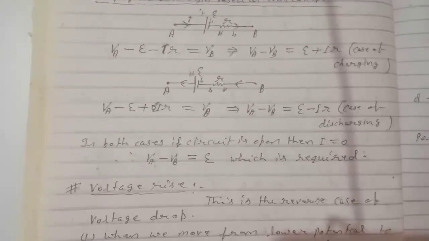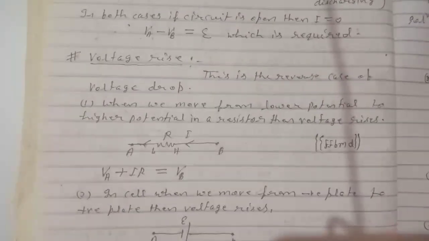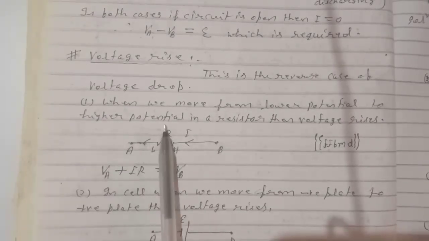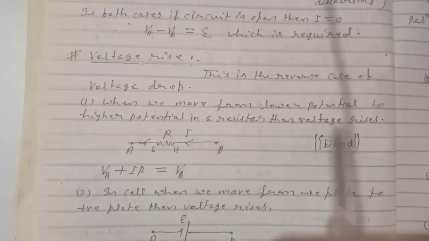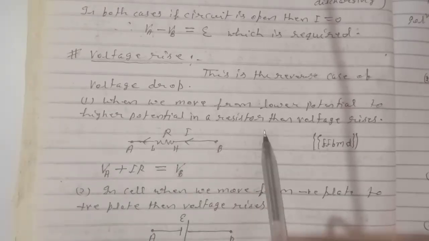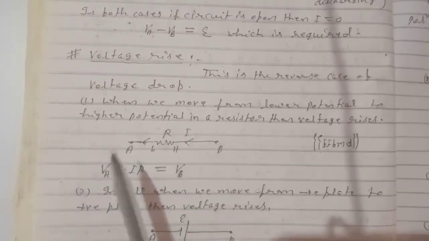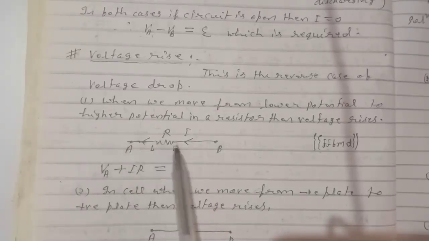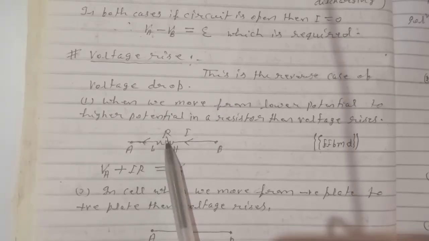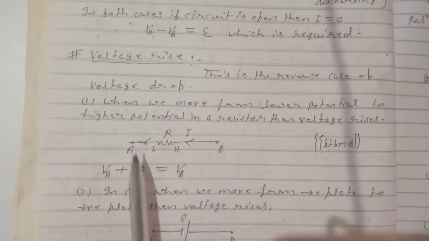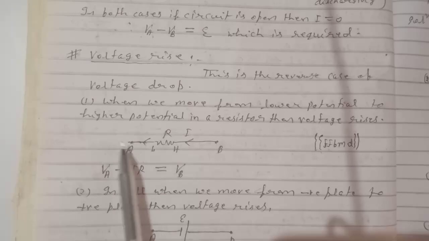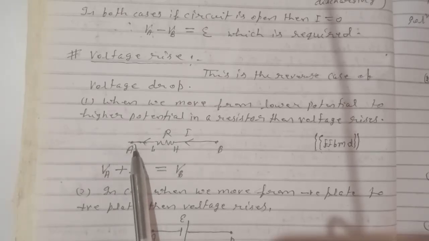Our next topic is voltage rise. Voltage rise is the reverse case of a voltage drop. Case 1: when we move from lower potential to higher potential in a resistor, then voltage rises. For example, current is flowing in this circuit in this direction, and this is a resistor of resistance R. Now because current is flowing from this direction to this direction, this point will be at lower potential.